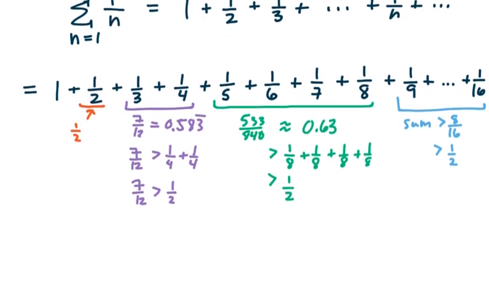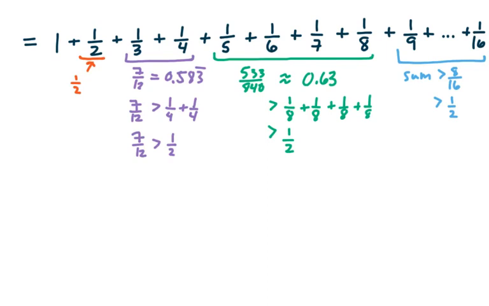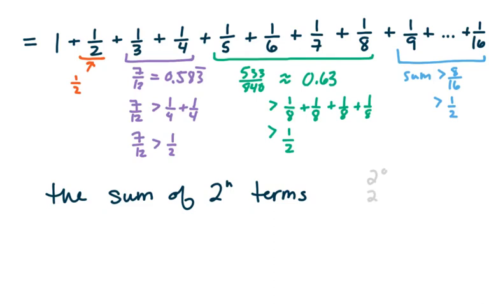So in general here, looking at these sums, the sum of 2 to the n terms, and when I say 2 to the n, we've got 2 to the 0, 1 term, 2 to the first, 2 terms, 2 squared, 4 terms, 2 cubed, 8 terms, which is what I've illustrated above.